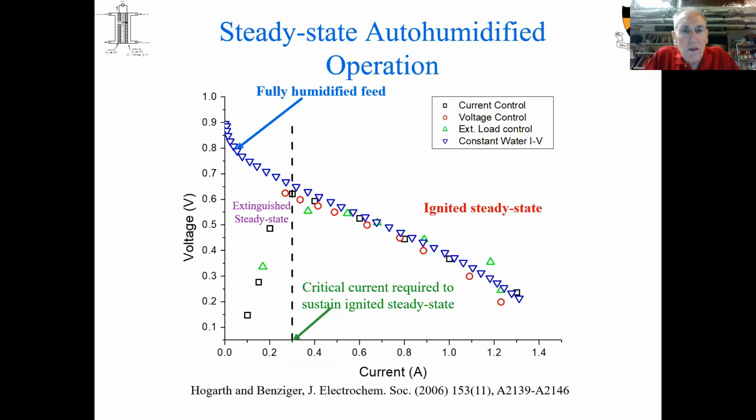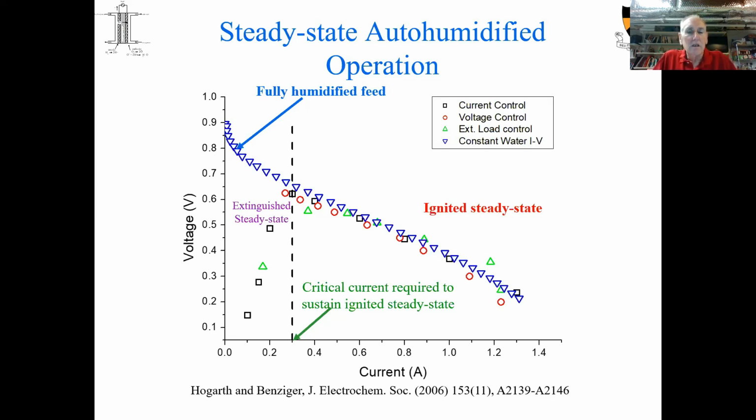Of a fully humidified serpentine flow, and that's the blue triangles. And we compared that to where we had dry feeds.